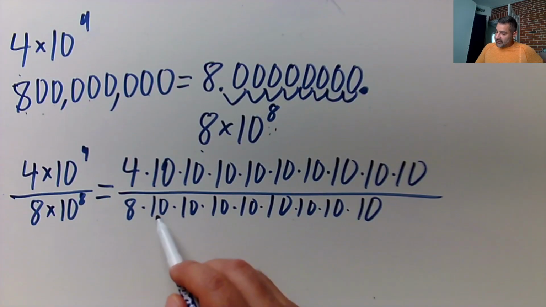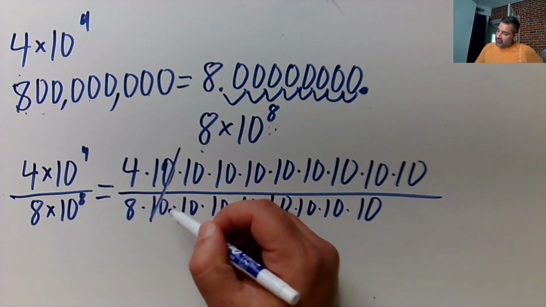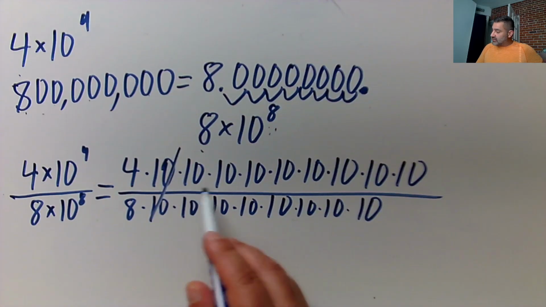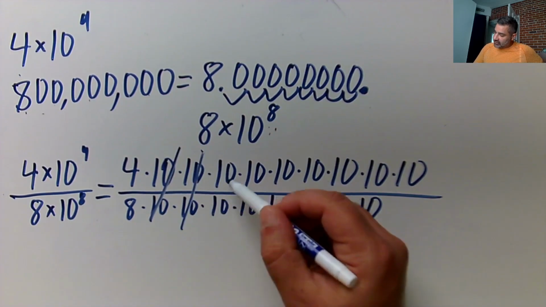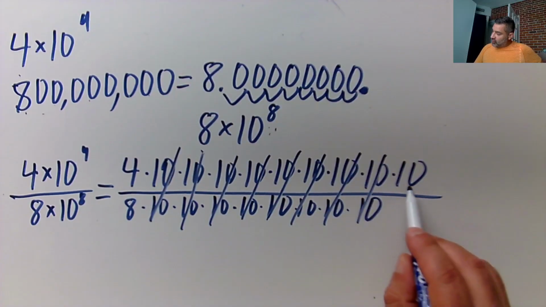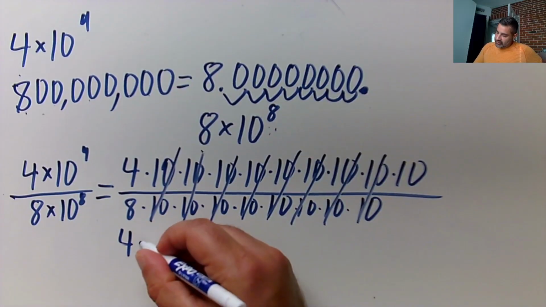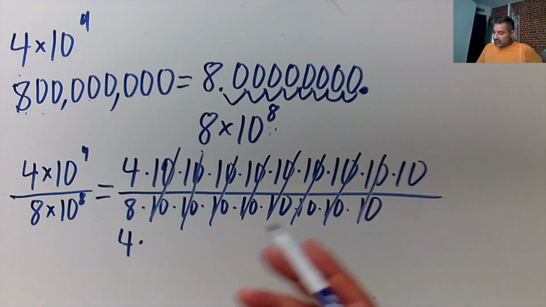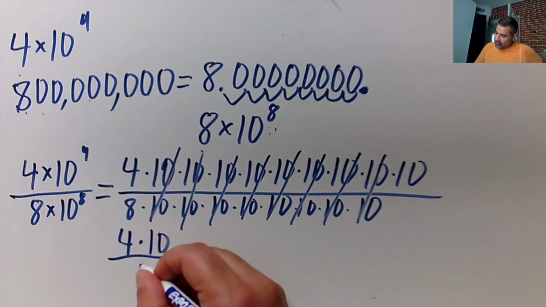So what's 10 divided by 10? It's 1. And so we could just cross these out because those will become 1. We can cross out all the ones that even up. And we're left with 1 ten on top. And so we're left with 4 times a bunch of 1's, which we don't have to write, times 10 over 8.